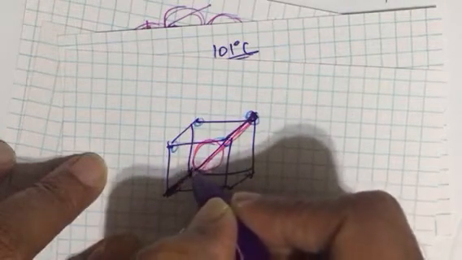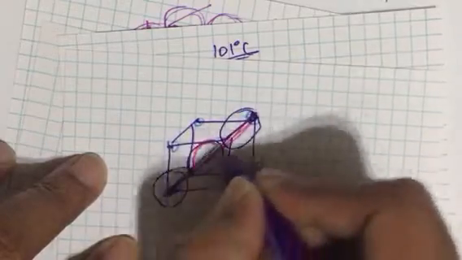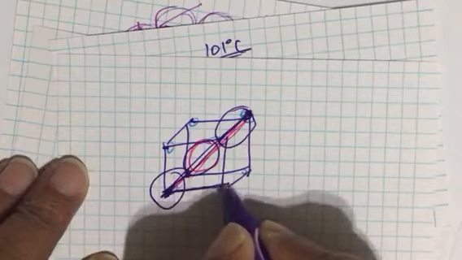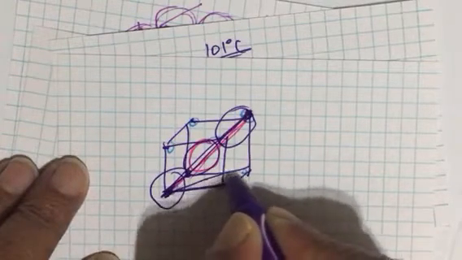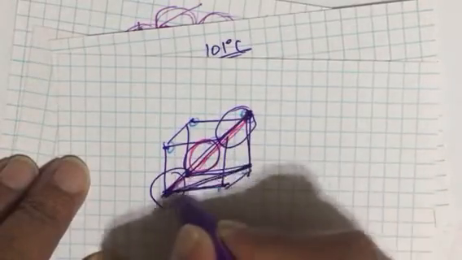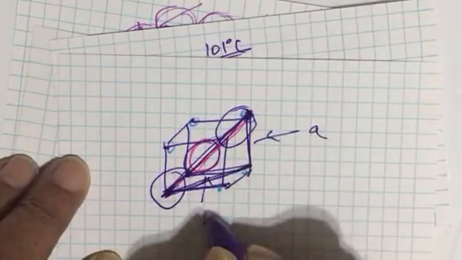So how many particles are touching along this? 1, 2, 3. The body diagonal can be shown to be equal to, this is a, this is root 2 a, as we have just seen, and you are looking at this.